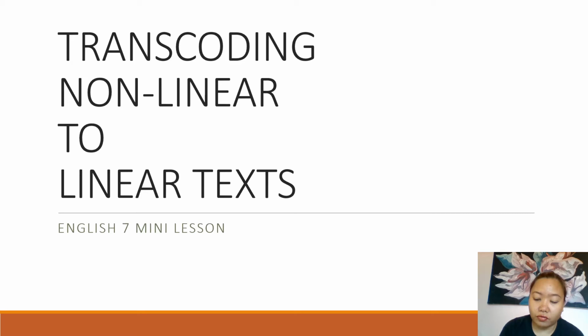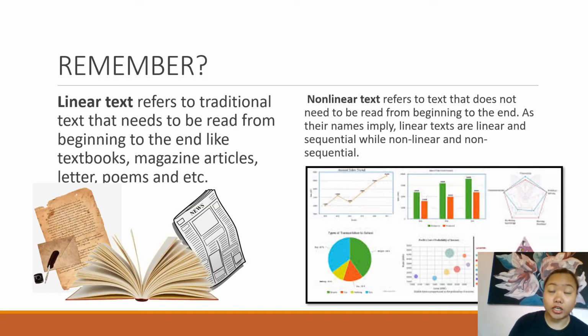First, let's have a short review on what is linear and nonlinear. As you probably all know already, linear text refers to traditional text that needs to be read from beginning to end, like what we see when we read textbooks, novels, letters, poems, newspaper and magazine articles.